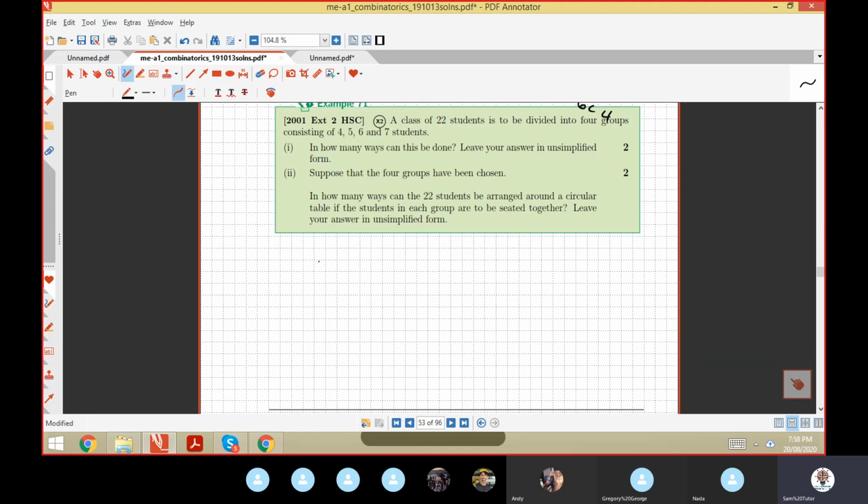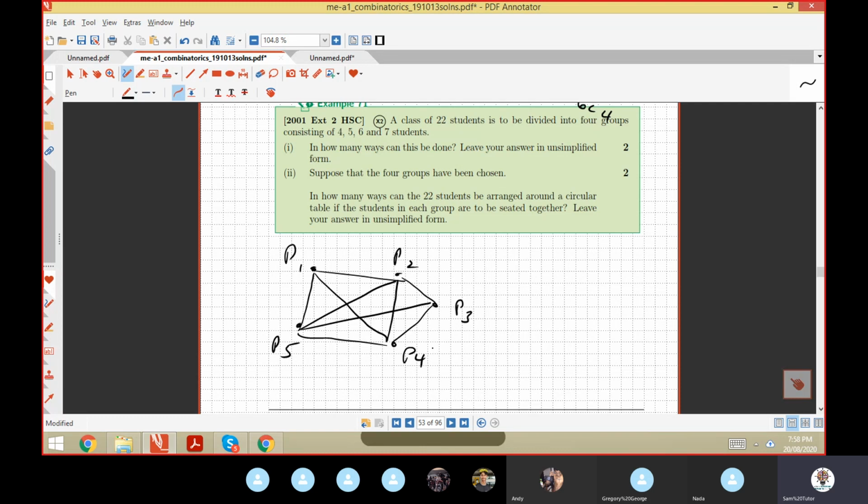If there were 5 dots, P1, P2, P3, P4, P5, I count 1, 2, 3, 4, 5, 6, 7, 8, 9. Have I missed any? P3 to... 10. No, that looks right now.